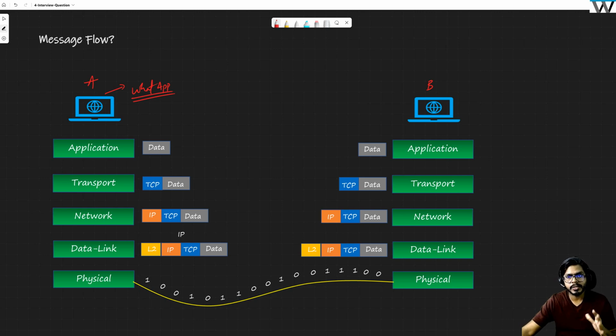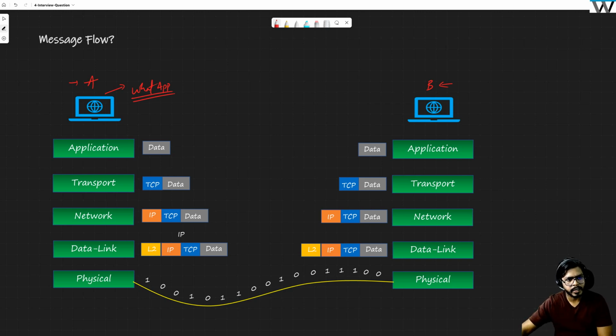Although the analogy is not fully accurate because WhatsApp uses a server in the middle, we are presuming that the messages are flowing directly between A and B. It doesn't matter whether A and B are part of the same network or a different network. We are trying to understand how exactly a message flows from computer A to computer B.